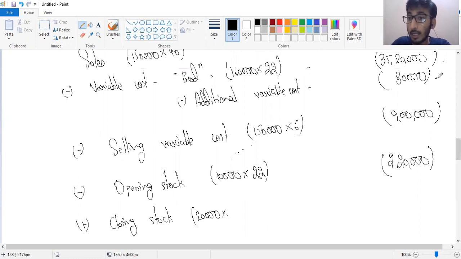Why have we not taken 80,000 in opening stock? Because the 80,000 happened this year only. It didn't occur last year. So the total production cost of 36 lakh is incurred on 1,60,000 units. So what would it be on 20,000 units? Easy.